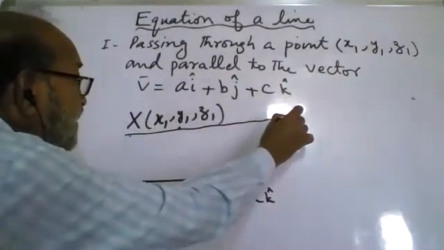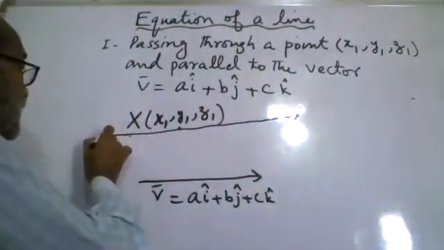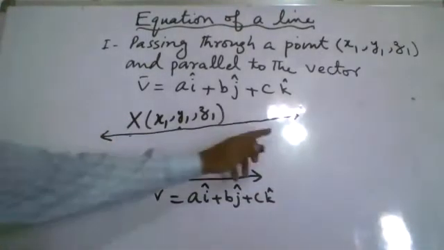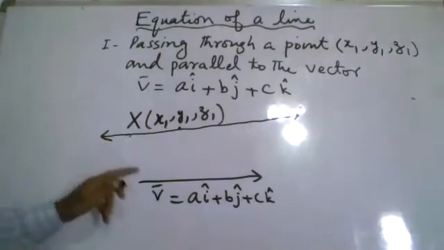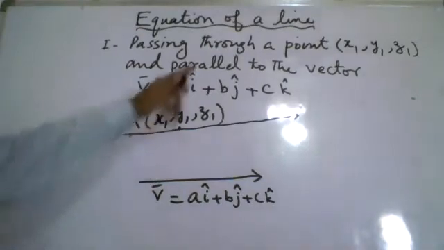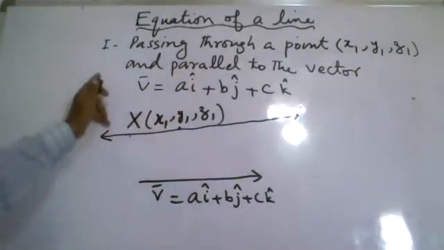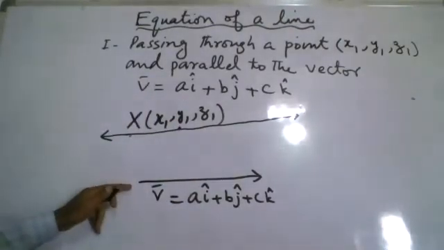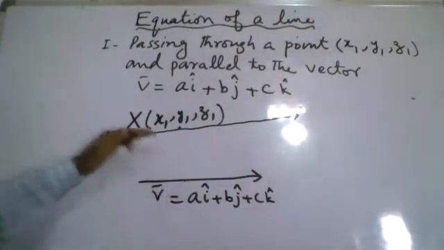This is the line. We will find the equation of this line, because there will be only one line which is parallel to this one, while all others are not parallel.